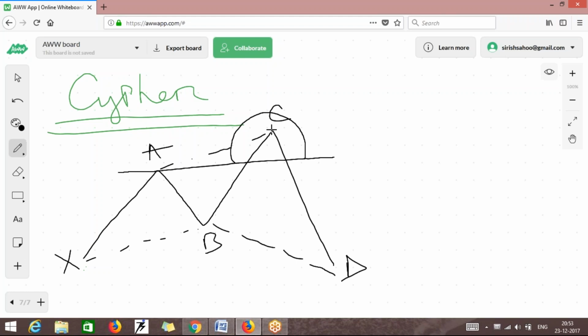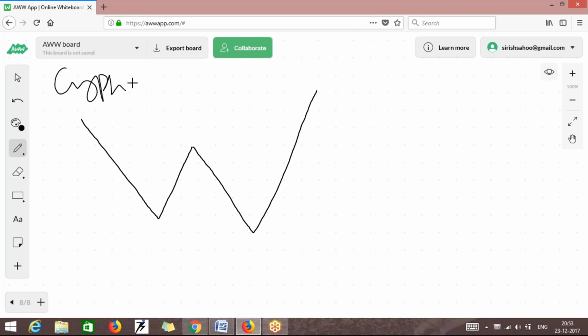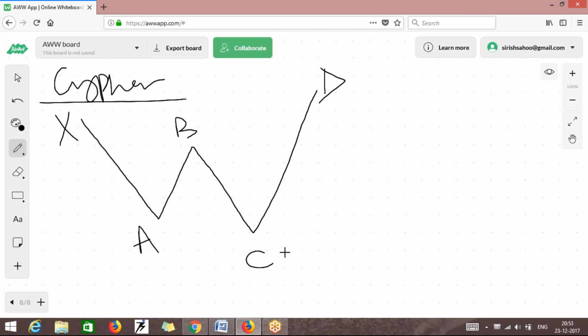So here also we have criteria. Let's look at a bearish Cypher. X, A, B, C, and D. I'm not drawing here properly.